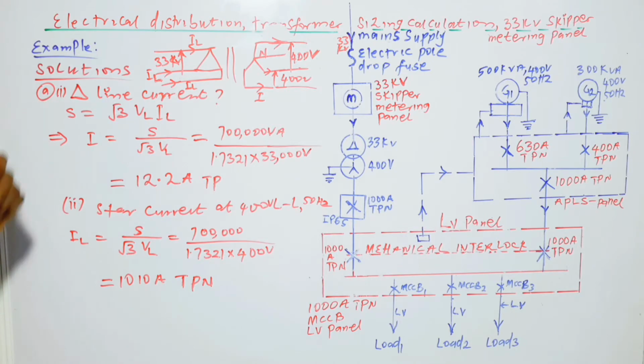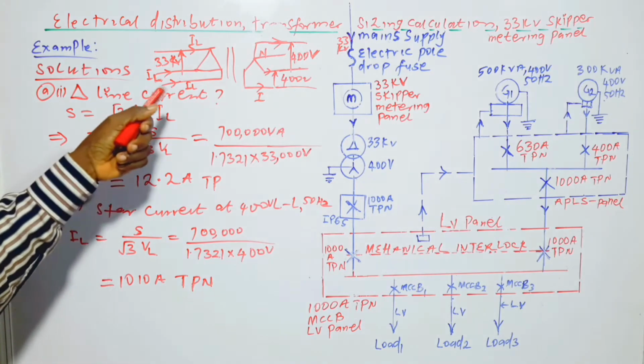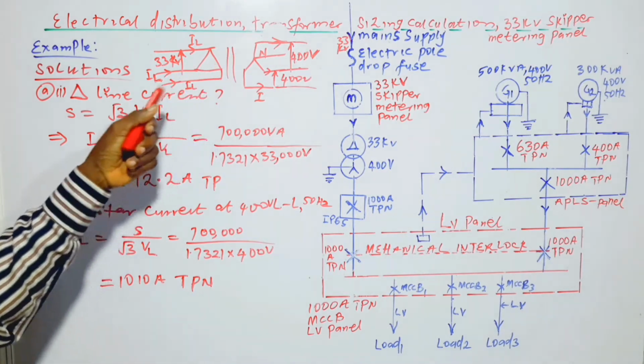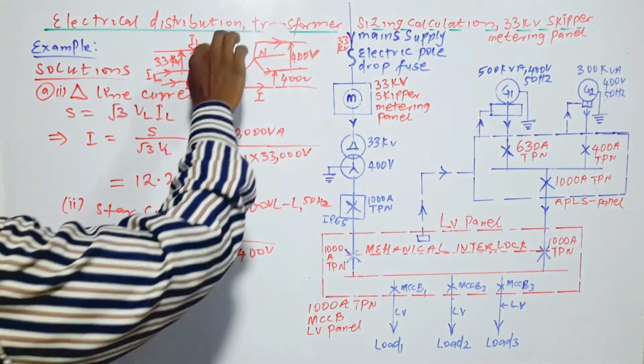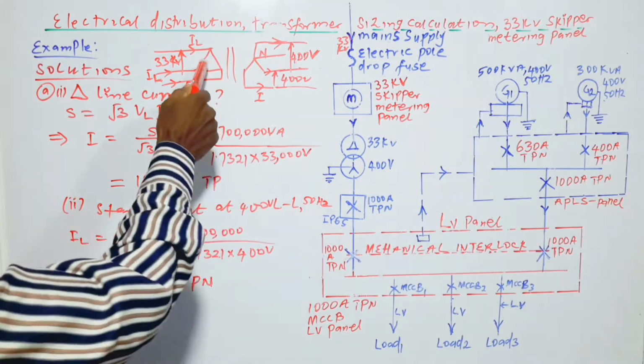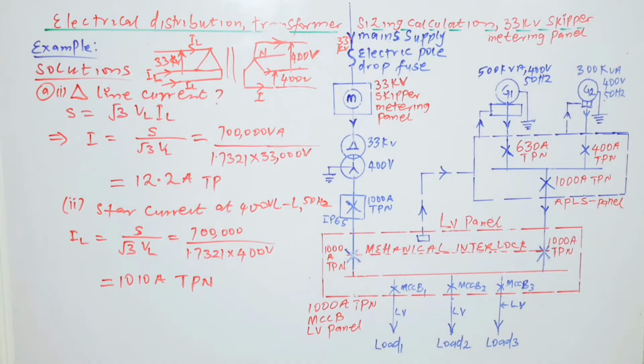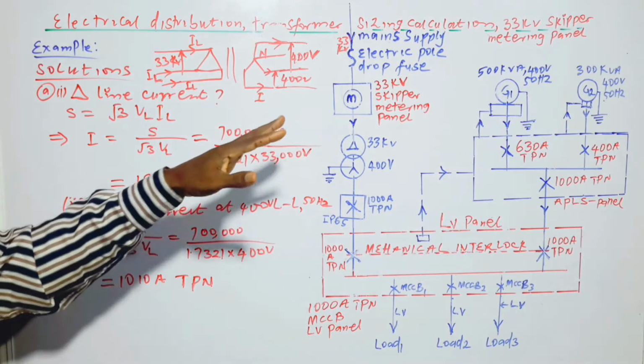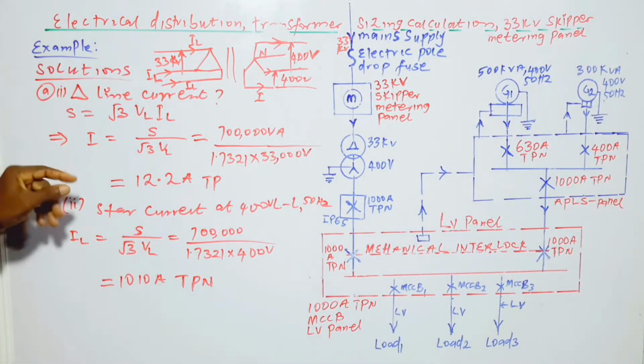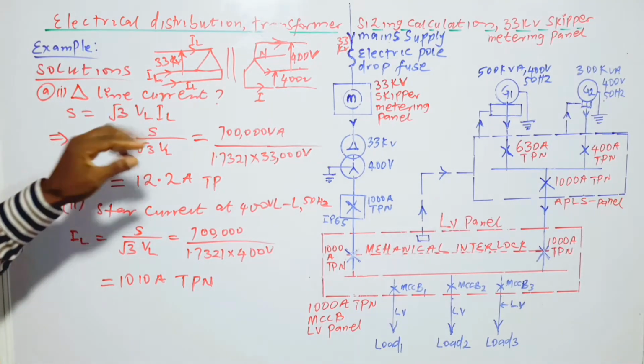A, first part of A, delta line current. We can make use of this simple diagram here. This is the delta and this is the star. Even though we've not reached the stage of transformer, we have to calculate the delta line current.